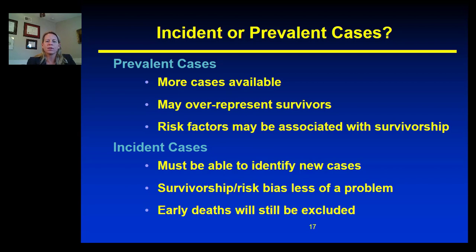However, use of prevalent cases may lead to an overrepresentation of survivors and introduce that survivor bias, because if you're dealing with prevalent cases, and they're living, the people who had the disease and died would not be accounted for, and so those who are still living and have the disease may be different from other people who had the disease and might have died from it. And so that could be tied to certain risk factors associated with their survivorship.